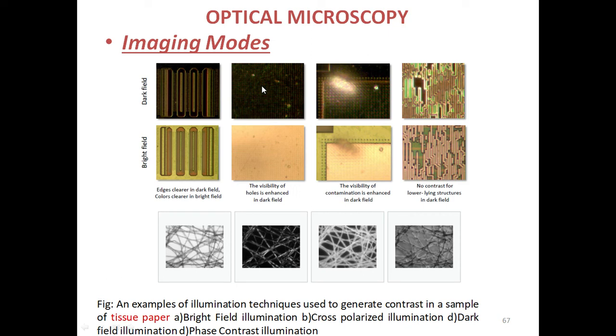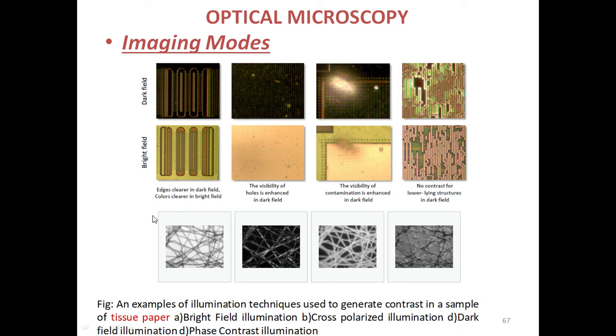In the next image we can see the visibility of holes is enhanced in the case of a dark field, but not so visible in the case of a bright field. The impurities are visible in the case of a dark field, but the impurities or contaminations are not so enhanced in the case of a bright field. The contrast-lying structures are not so good in the case of a dark field, but they appear very good in the case of a bright field.